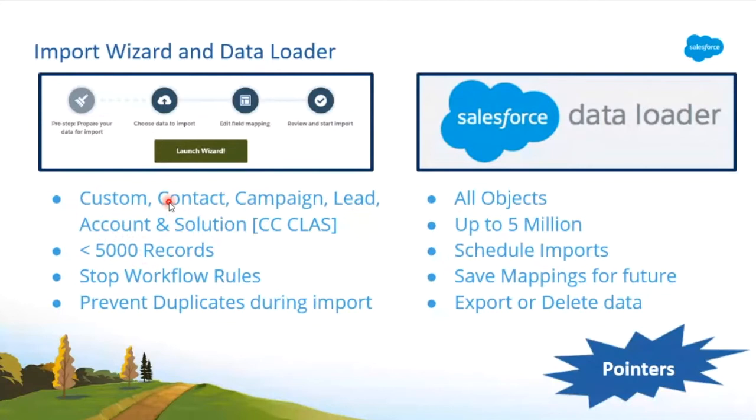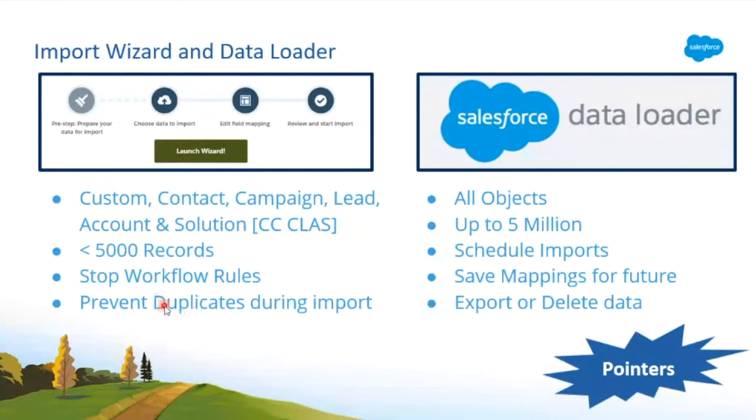Given a scenario where Universal Containers wants to load 5,000 case records and also prevent duplication, you would think, okay, prevent duplication, less than 5,000, import wizard. But no, cases are not part of the import wizard capability. So you cannot load cases from import wizard, and the option you have is data loader. That's how a question in the exam would try to trick you against the clock, and you need to answer it correctly. So take these pointers as a reference, remember them, and pick the right choice.